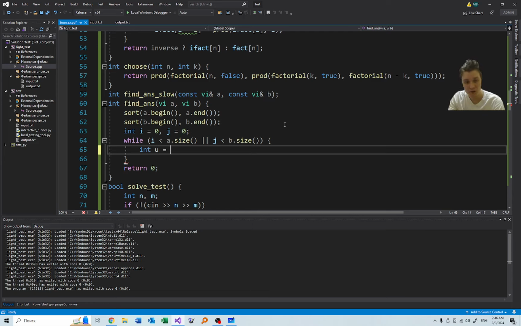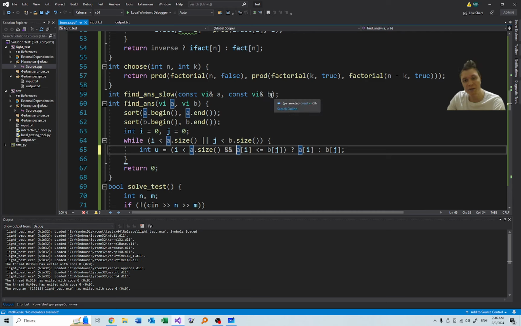So what is u? u is ai, but only if i is less than a.size and ai is less than bj, then I take ai, else I take bj. However, it isn't correct because here it could happen that bj is out of the array.